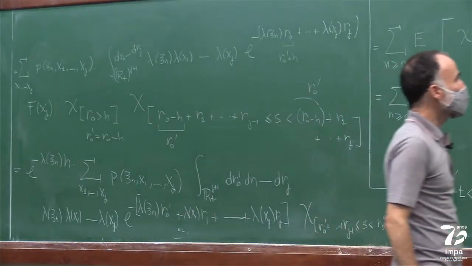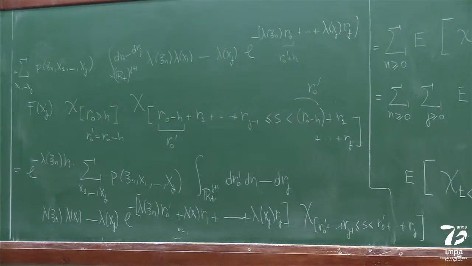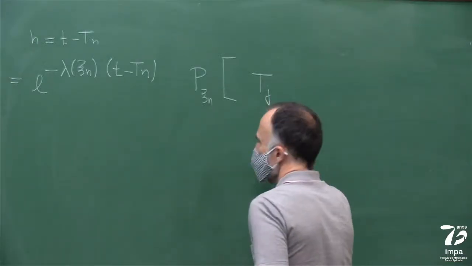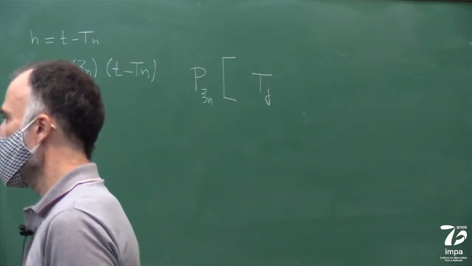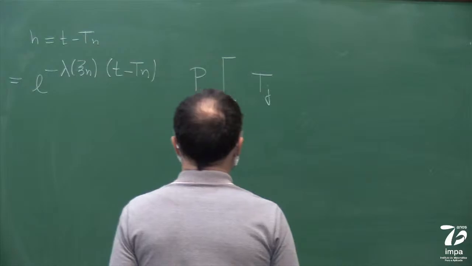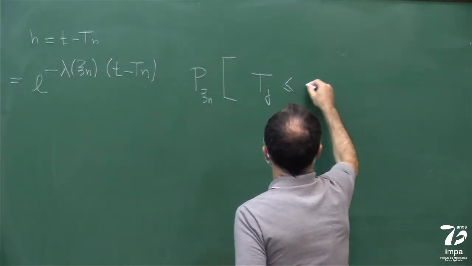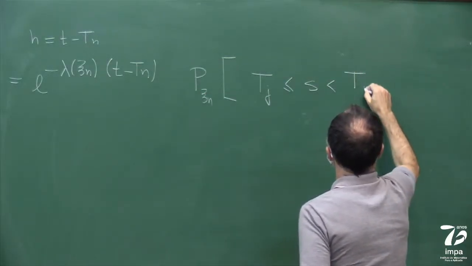So this is what I claim is tau j less than s less than tau j plus 1.